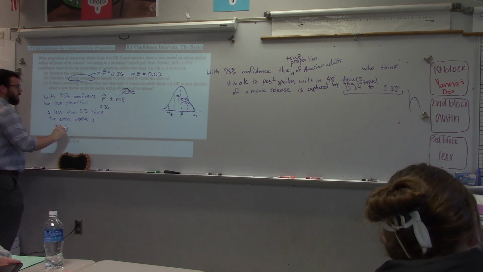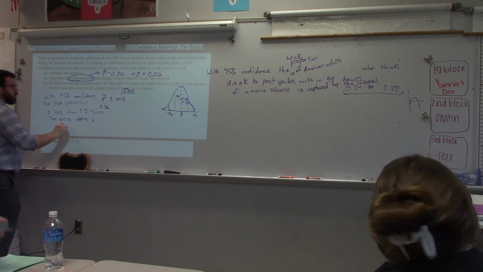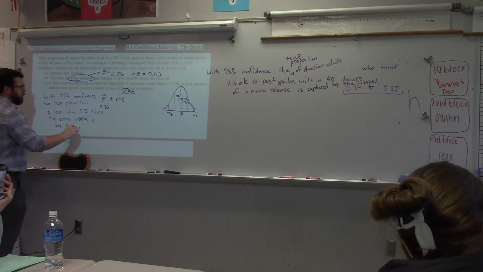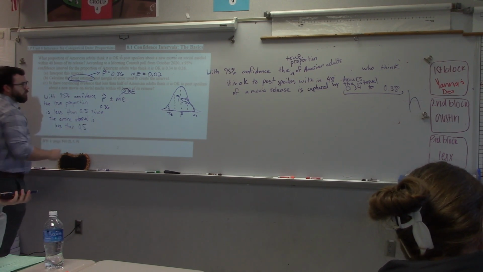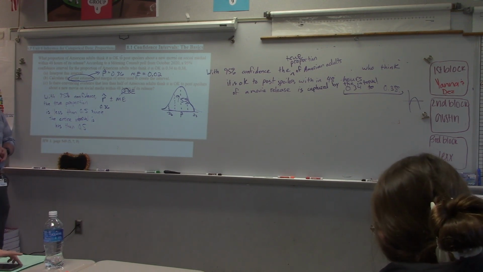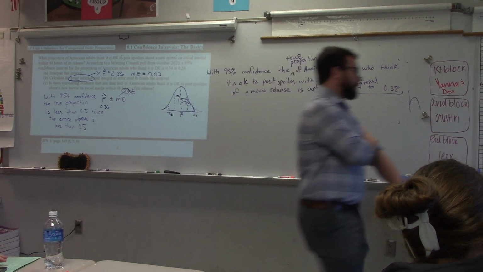So with 95% confidence, our true proportion is captured by that interval. That entire interval is less than half. So we believe that less than half of Americans think it's okay to post within 48 hours.